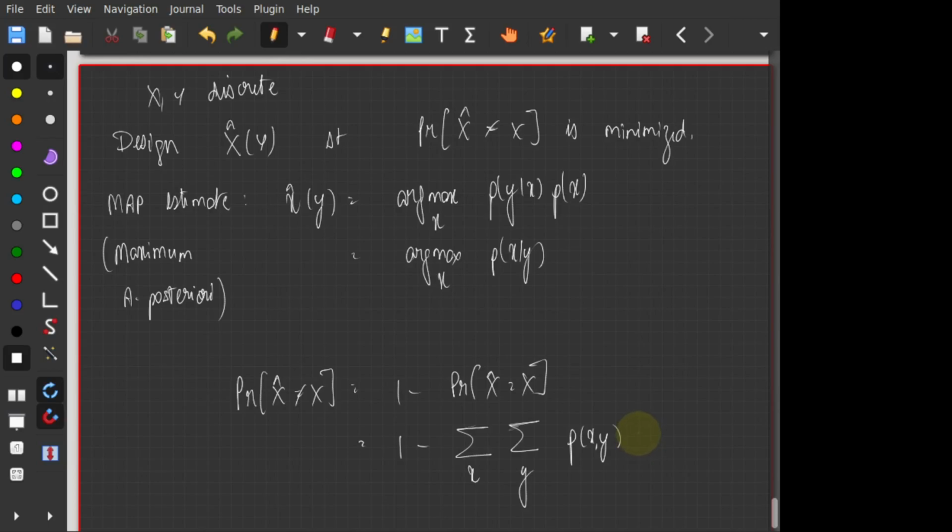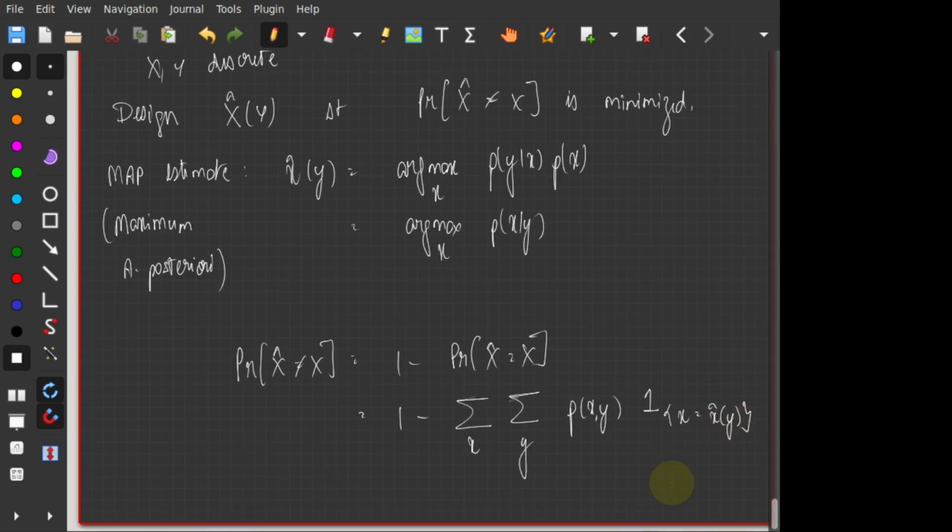Yeah. Okay, there's one way to do it. You can say that you only count those xy for which x hat is equal to x. But what is this equal to?